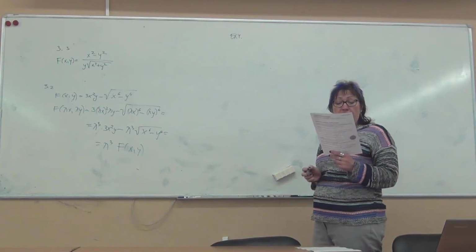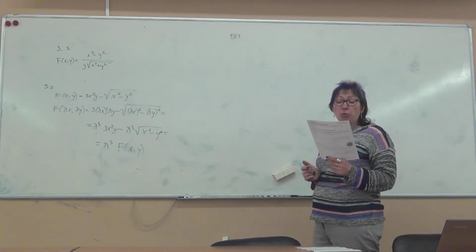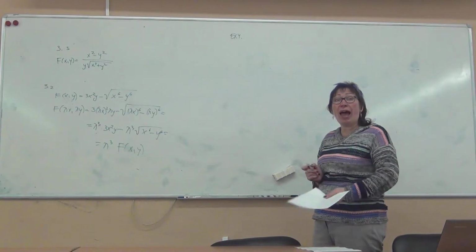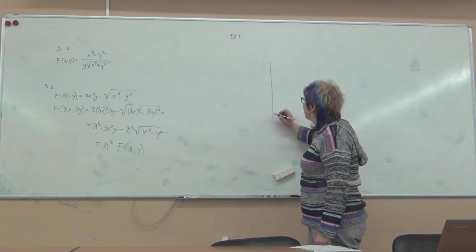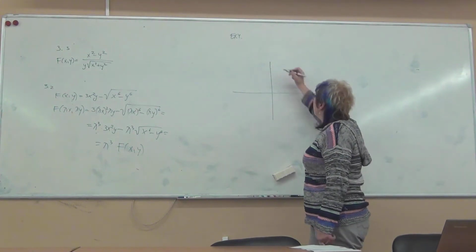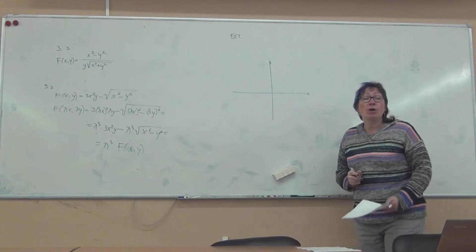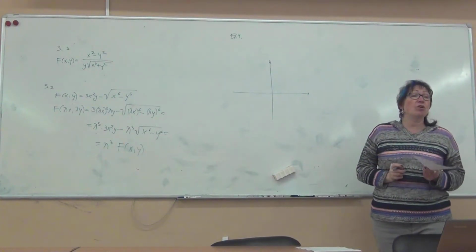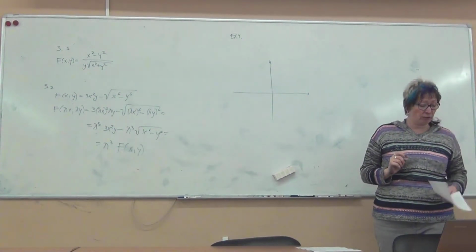Sketch the domain of the function if it's given by x is between 0 and 1 and y is between 0 and x. Alright. So if we see these double inequalities, we have to understand, let's consider the boundaries. X is 0. What is that?